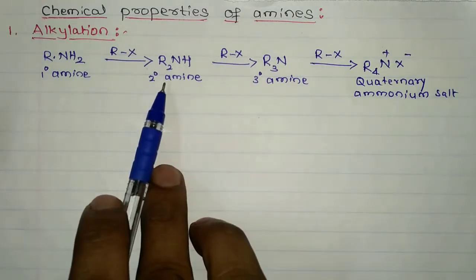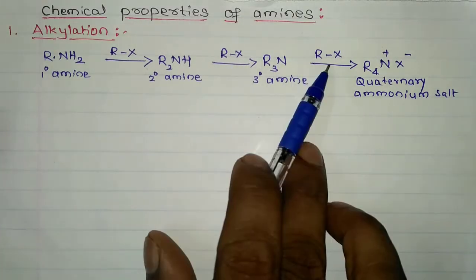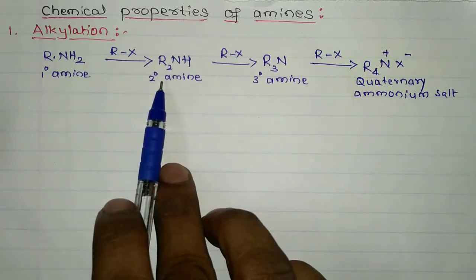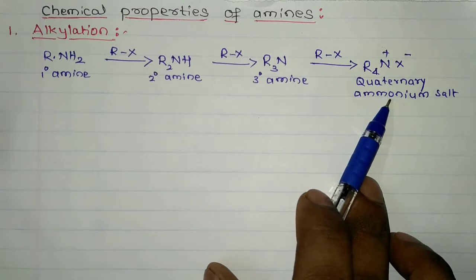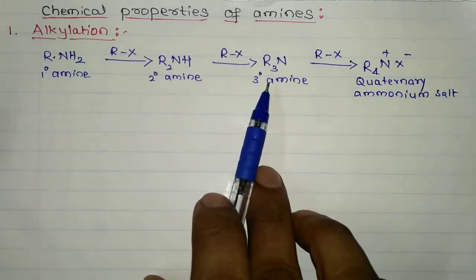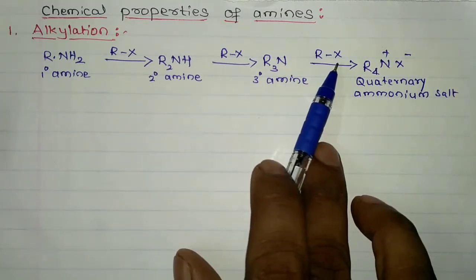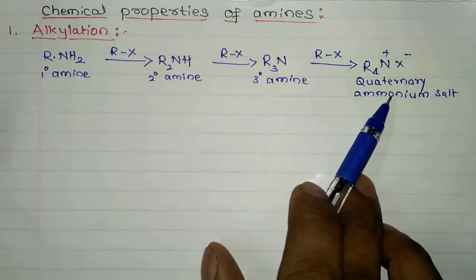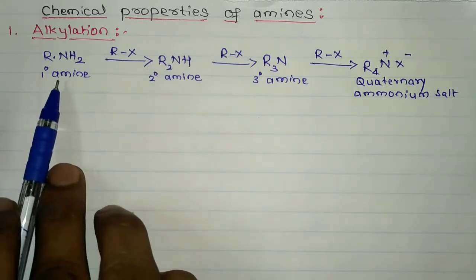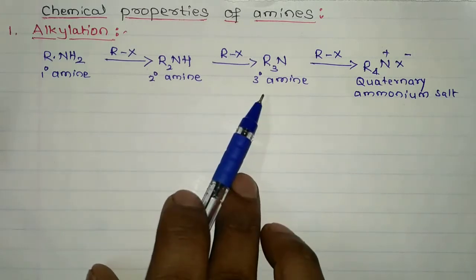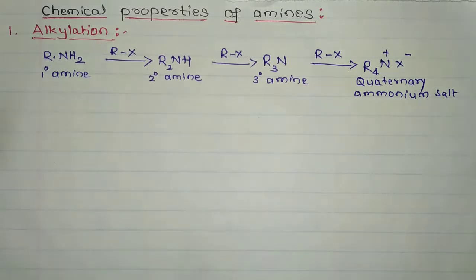If it is secondary amine, 1 mole of secondary amine uses 2 moles of alkyl halide to give quaternary ammonium salt. If it is tertiary amine, it uses only 1 mole of alkyl halide to form quaternary ammonium salt. In this way, we can distinguish primary, secondary, and tertiary amines.